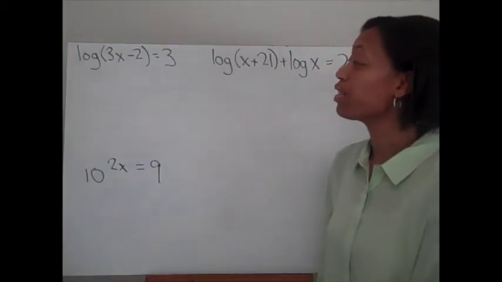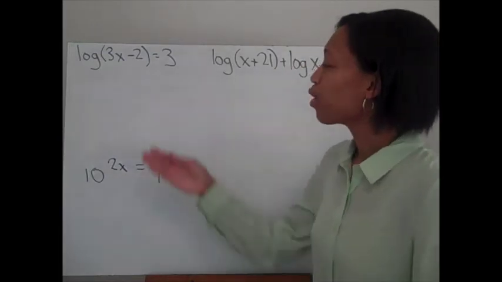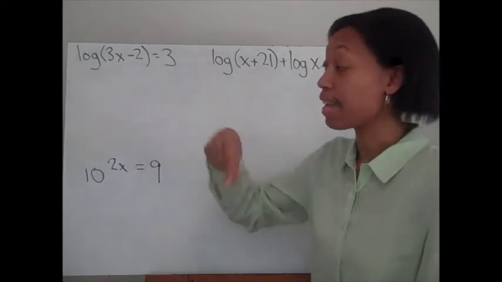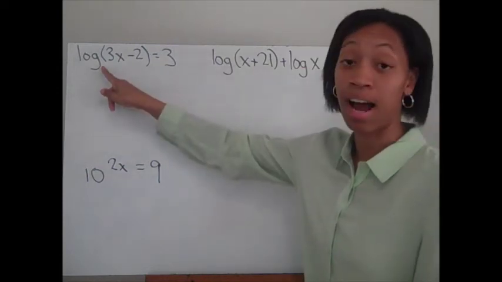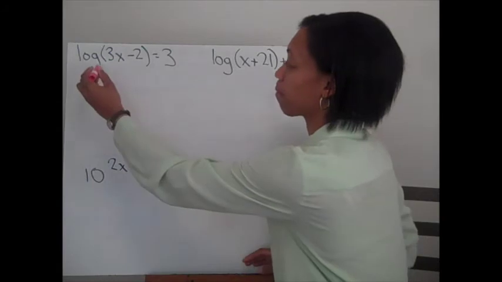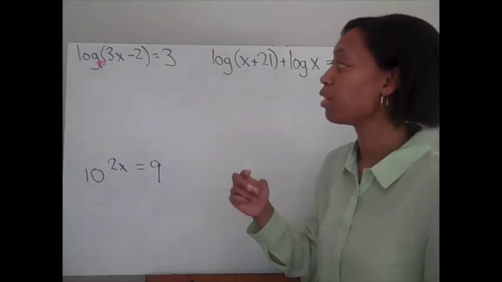In this first example I have log of 3x minus 2 equals 3. I'd like to rewrite that as an exponential. The first thing you need to notice is, although it does not have a base down here, we can assume that it's in base 10. Now that we know it's in base 10, we can rewrite the log as an exponential.